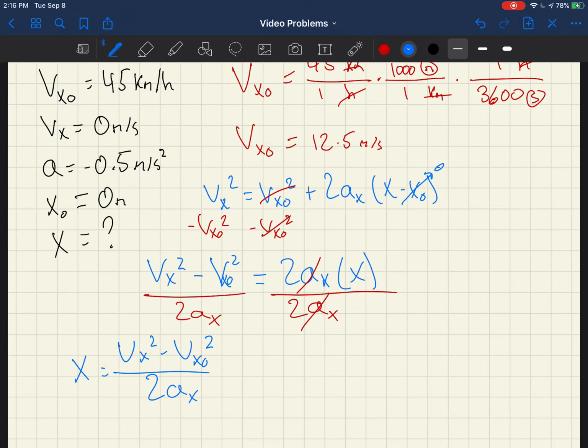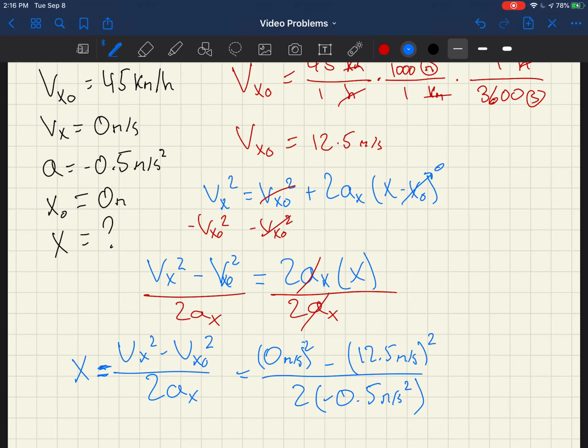So you can see I just flip-flopped the sides again because it doesn't matter in math whether one side is on the equals or not. But that allows me to plug in my numbers now. So Vx is 0, so that squared is just going to be 0 minus 12.5 meters per second squared, divided by 2 times negative 0.5 meters per second squared.